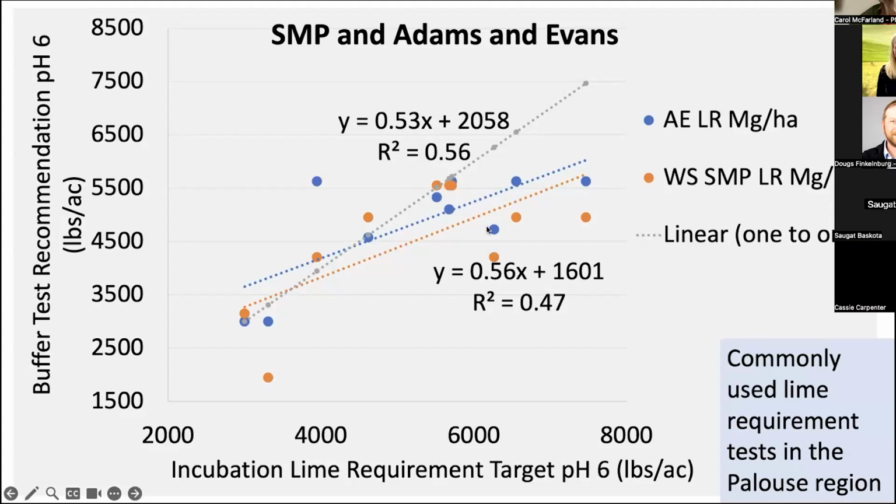This is probably, in my experience, not the type of data you would want to base your soil management, especially a very costly soil management decision on, because it really is all over the board in terms of what the recommendations are versus what the soil is actually needing based on the actual incubation. So we can do better.